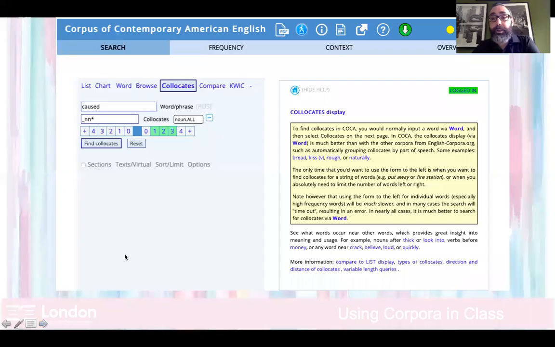Okay, another important feature of a corpus, as I said, is finding the collocates, the collocations for a word. For that, I would go here to collocates, and this is what I would do. I want to know what's the most frequent collocation for the word cause, let's say.